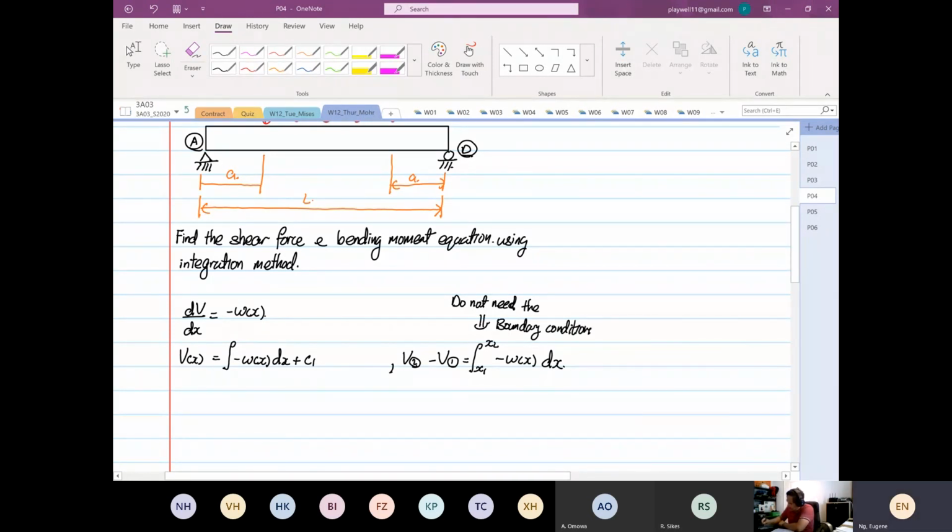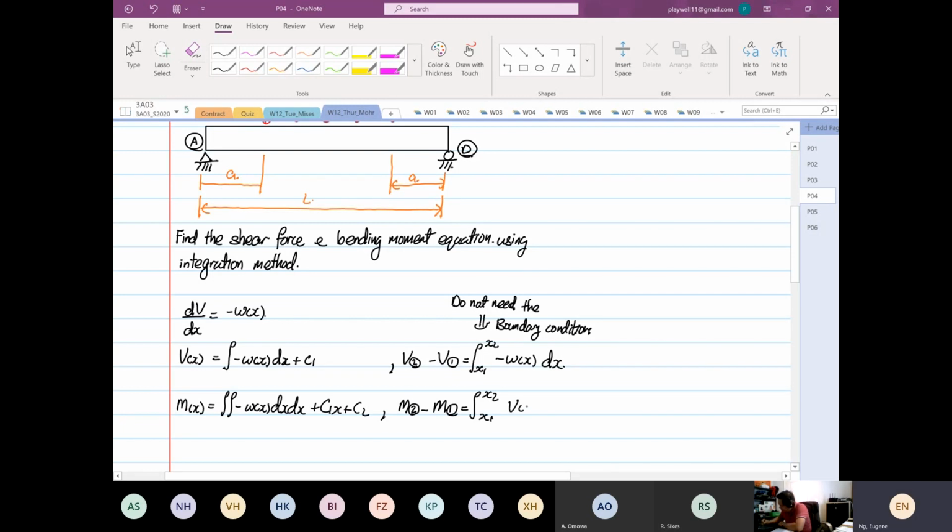So the next step that we're going to do, again, we're going to integrate M as a function of x, right? So we have done this before, written this before. Or if you know the limits, right?